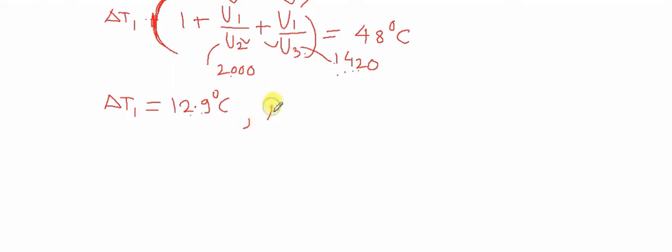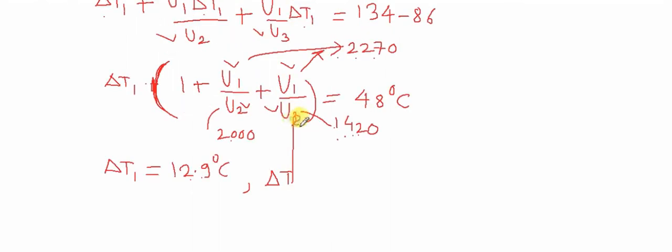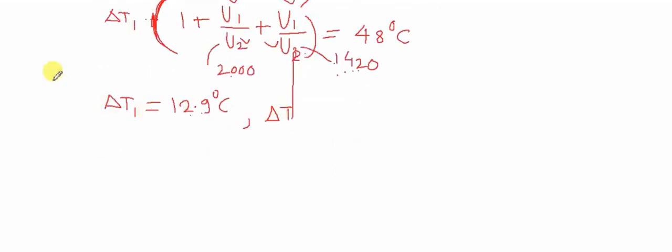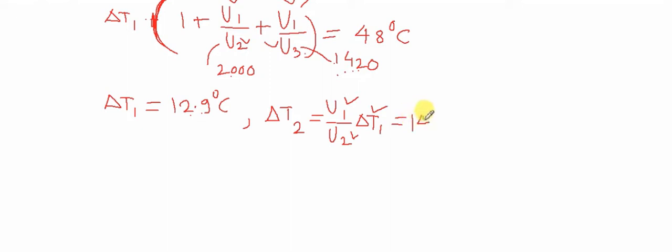Then delta T2 will be what? U1 by U2 into delta T1. Because you know U1, you know U2, you know delta T1 also, from this you will get delta T2, and the delta T2 will be 14.6 degrees Celsius.